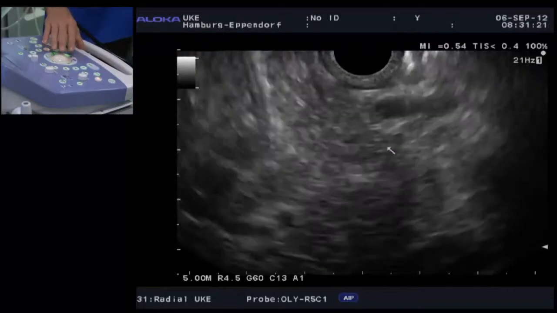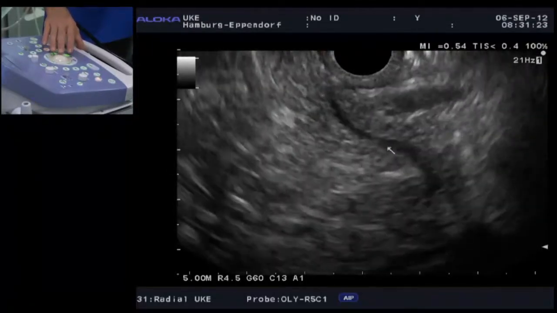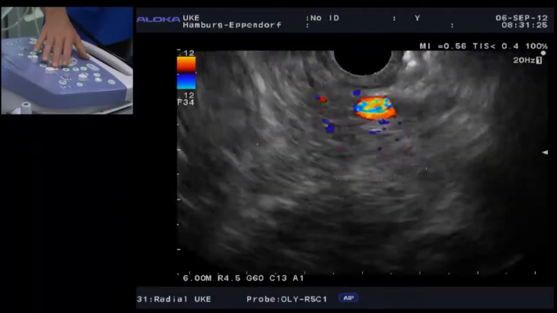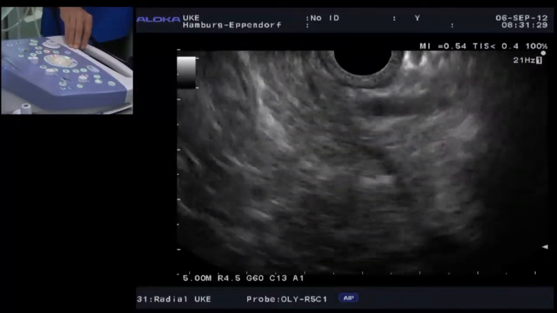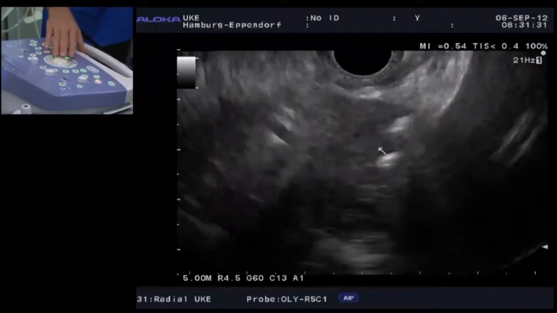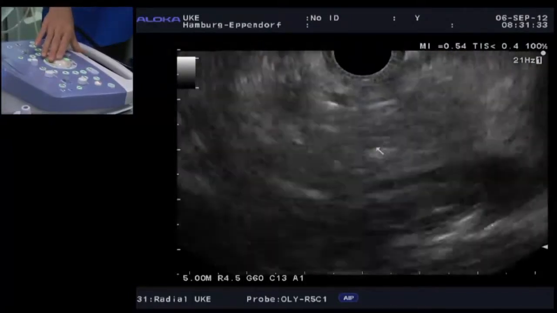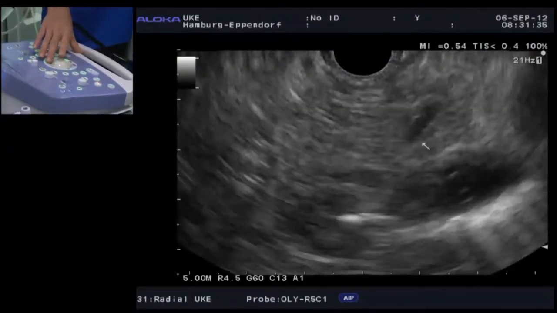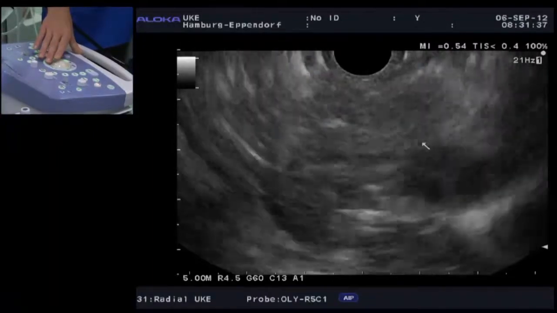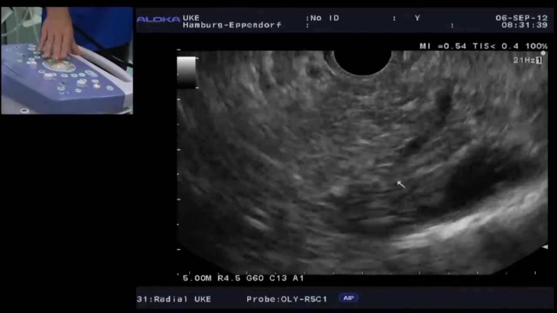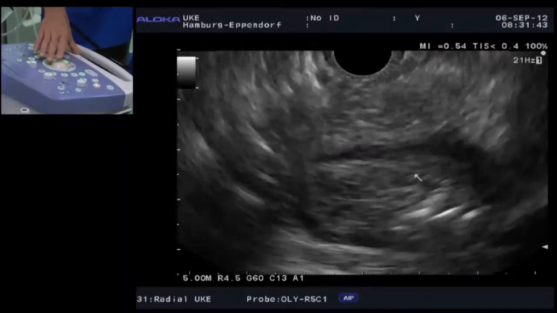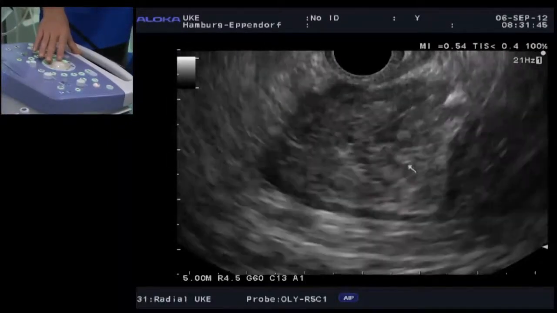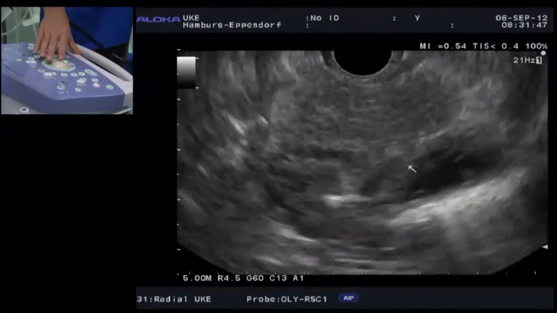Also not enlarged, so there are no signs of a main duct type IPMN, with a normal duct without a color Doppler sign. I go a little bit further in the direction of the pancreatic head, and you see here again the pancreas and the pancreatic duct, and you can see parts of the duodenum, I think.